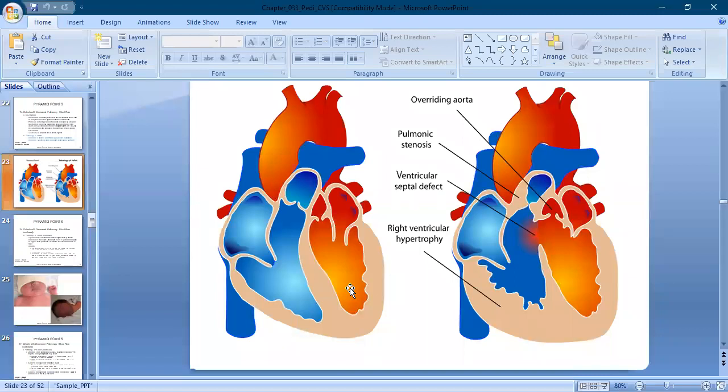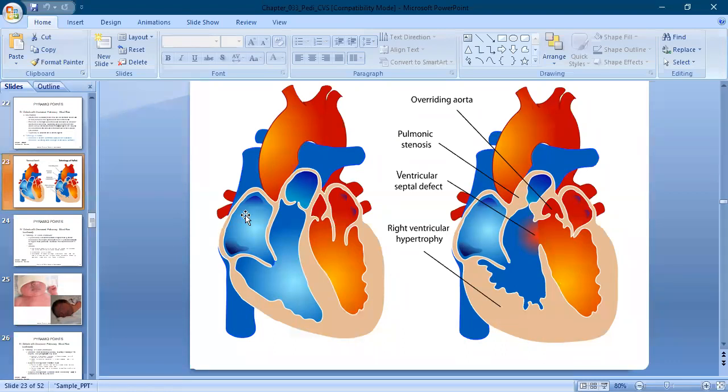So normal heart, if you see the picture here, this one is the right atria, right ventricle, left atria, left ventricle, right?